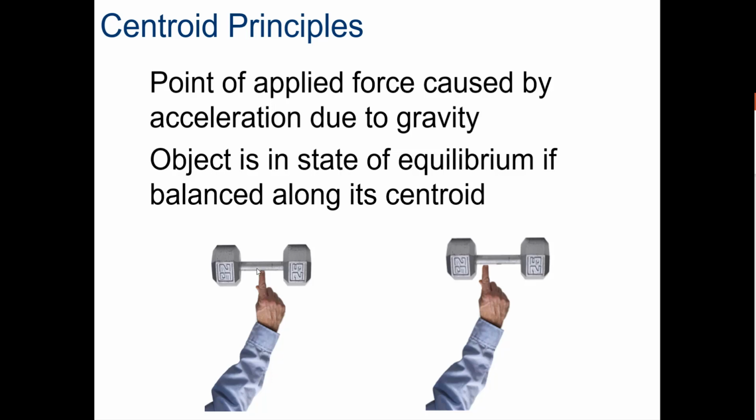So gravity's pulling down right now on this weight, and the object is in a state of equilibrium if it is balanced along its centroid. Equilibrium just means that something is balanced, right? So static equilibrium would be that all of the forces pushing down are equal to all of the forces pushing up.